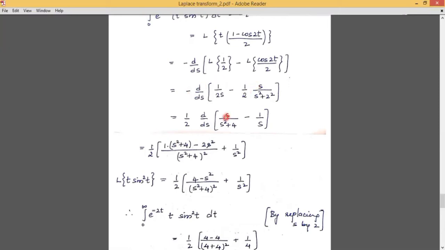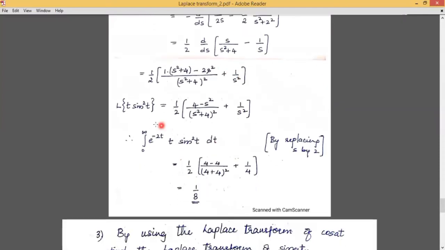So the first term will be s/(s^2+4) and the second term will be -1/s. Using the quotient rule, (u'v - uv')/v^2, we'll get this. And the differentiation of 1/s is -1/s^2, so this becomes plus 1/s^2. So now the Laplace transform of t sin^2 t will be so much after simplifying.